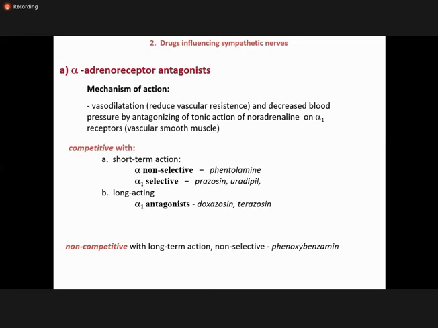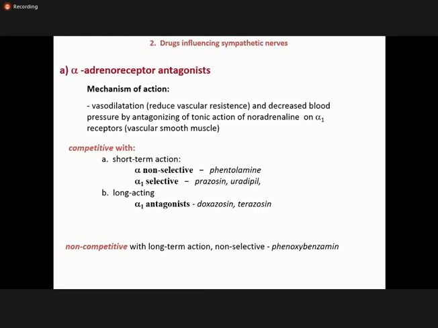Non-competitive with long-term action. What do we mean by competitive and non-competitive? Competitive means the action of the drug can be reversed by giving agonists. Non-competitive means the binding of the drug is permanent with its relevant response.